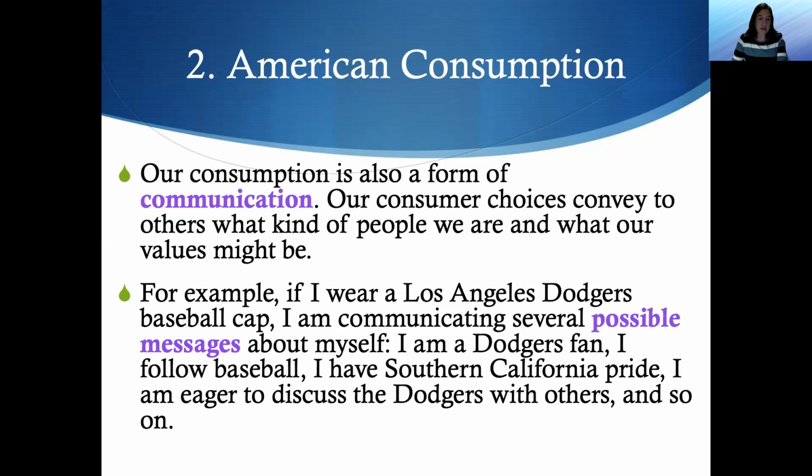I might be saying, I'm eager to discuss the Dodgers with others. I might simply be sending the message that I like the color blue, or it's cold outside, my head is cold, I'm going to put this cap on. So all of those possibilities are communicating different messages to people.